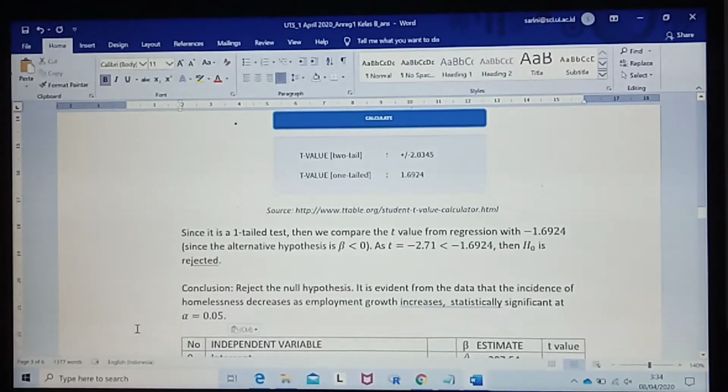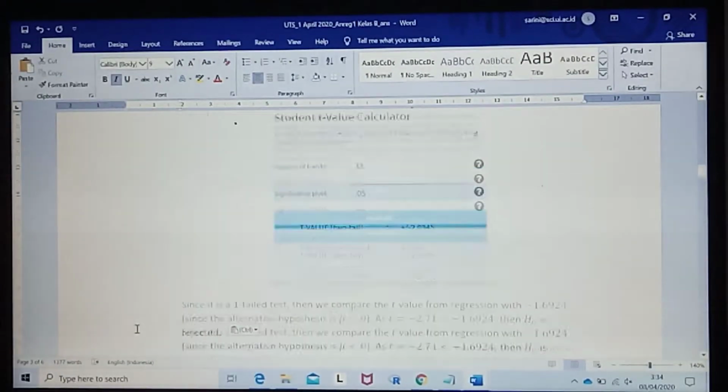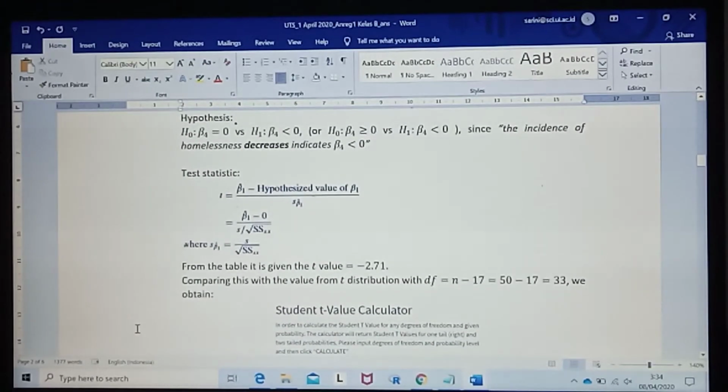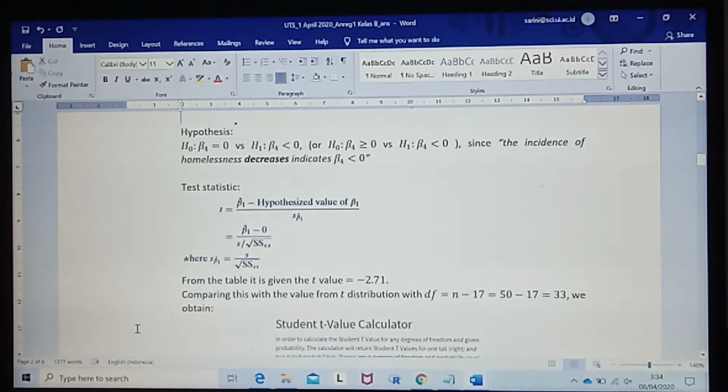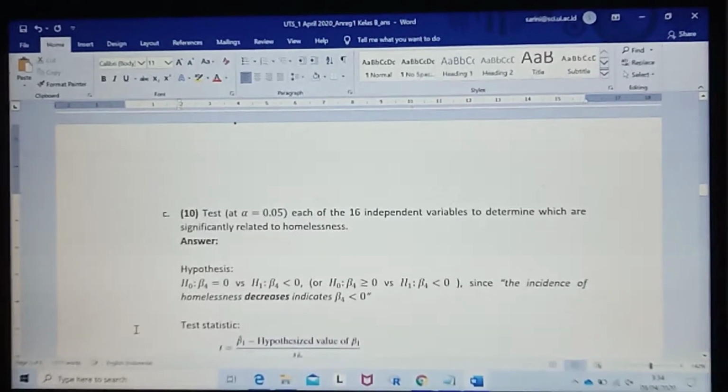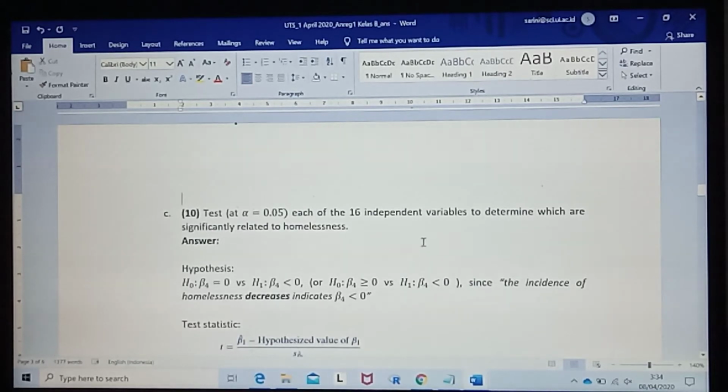Paste in here. While in part B, the question is whether the incidence of homelessness decreases. That's why we have the one-tailed hypothesis, one-sided hypothesis for the alternative. But in part C, it's just asked whether they are significantly related to homelessness or not.